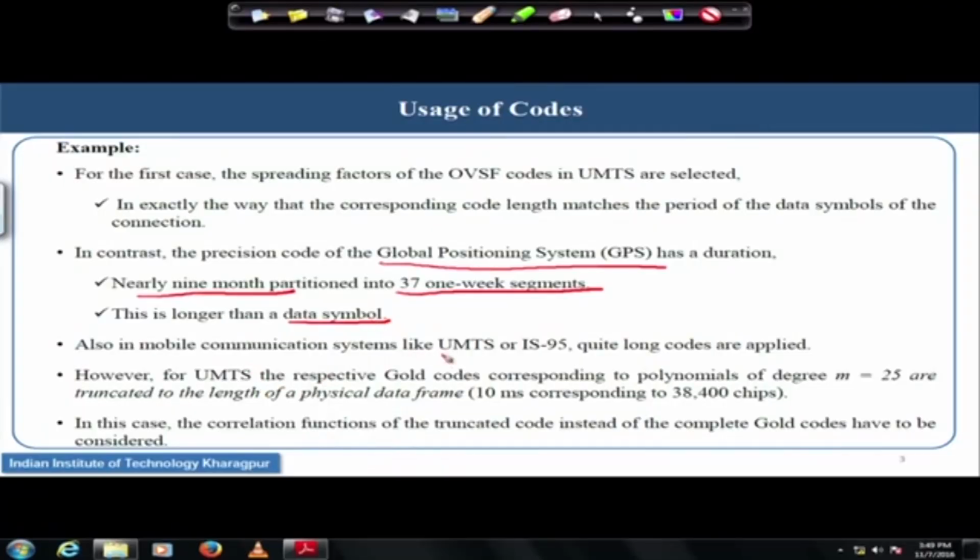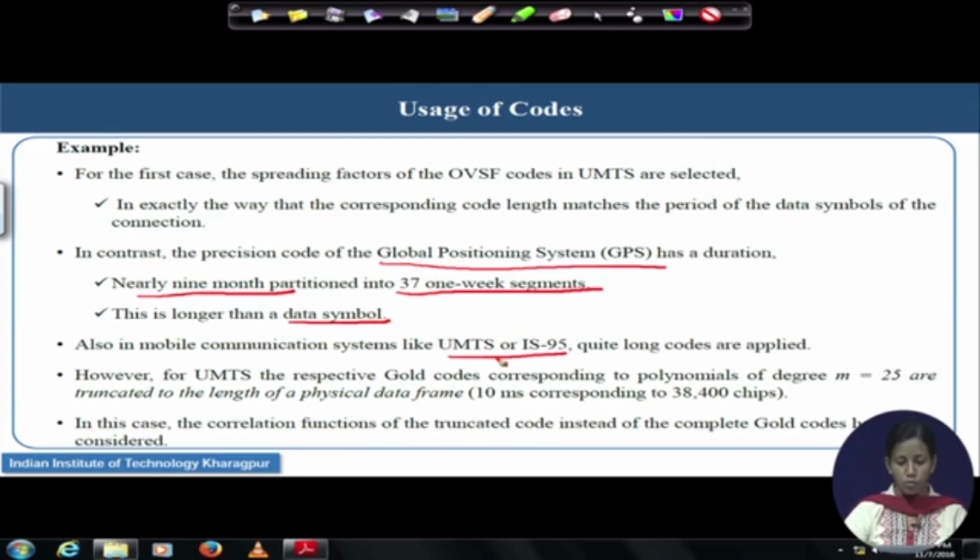In mobile communication systems like UMTS or IS-95, quite long codes are also applied, similar to GPS. In UMTS, gold codes are utilized, where the polynomials of m equal to 25 are truncated.